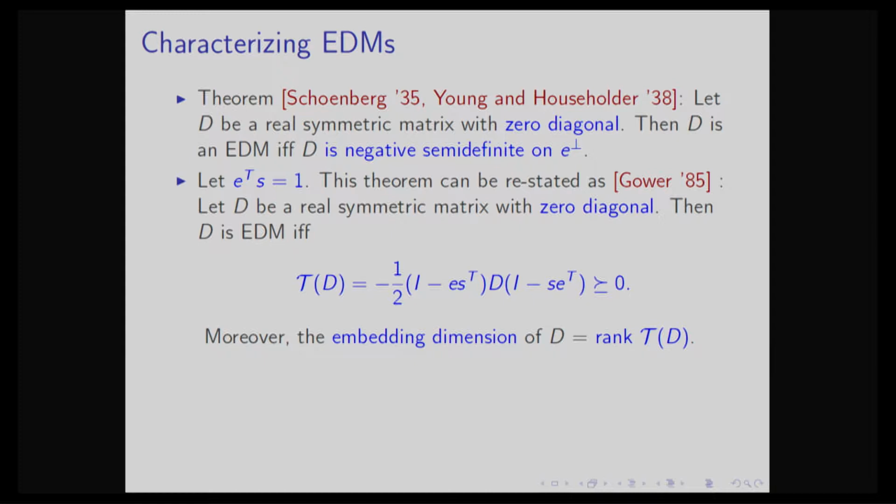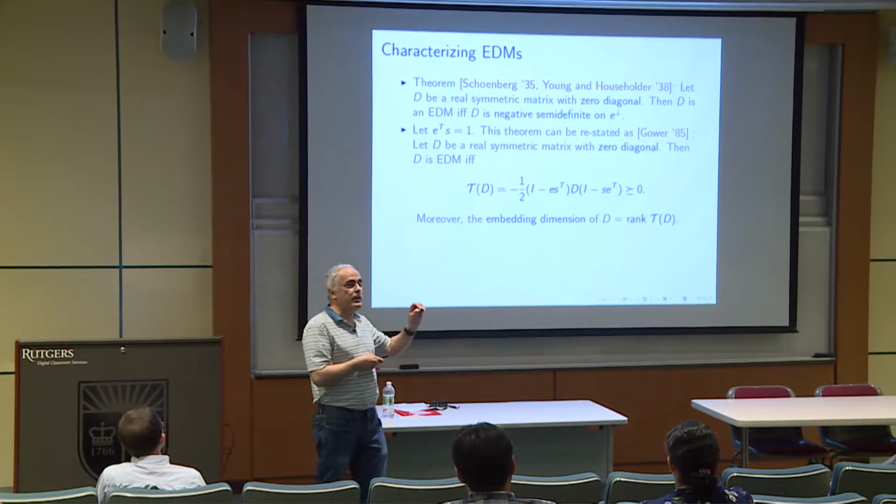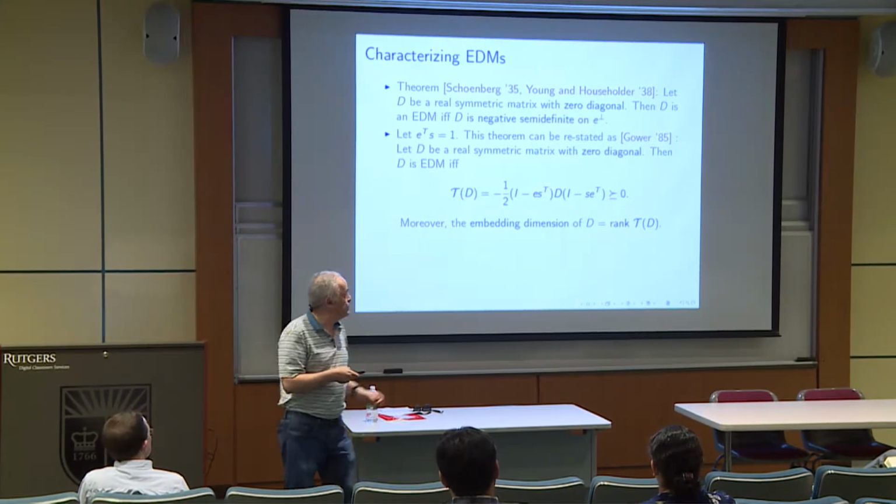Notice that this matrix here, I minus S E transpose, is the projection on the complement of E. Now, for general S, this projection is not orthogonal. If you want to make it orthogonal, you can do that by picking S as E over N. But for now, let's keep it general. Moreover, the embedding dimension of D is given by the rank of this matrix. So if this matrix is positive semi-definite, you look at its rank, and that will give you the embedding dimension of D.